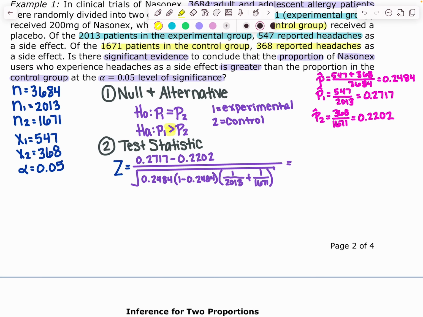So our test statistic using this formula is 3.60212. And then we also got the p-value.